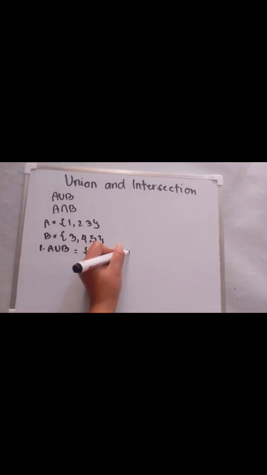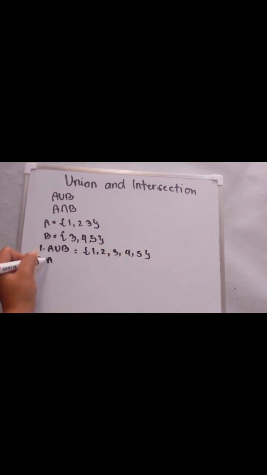For the intersection A intersect B, we take only the elements that appear in both sets. A has 1, 2, and 3, and B has 3, 4, and 5. The only number that appears in both A and B is 3. So A intersect B is equal to the set 3.